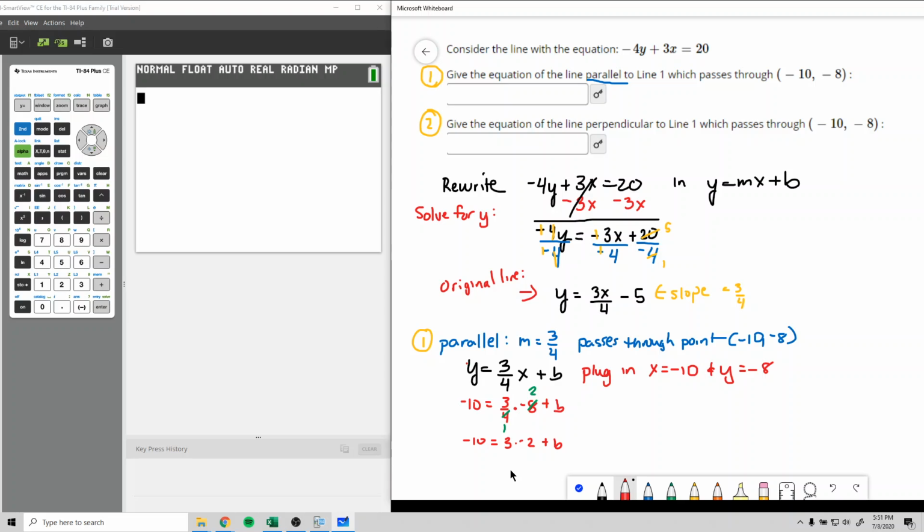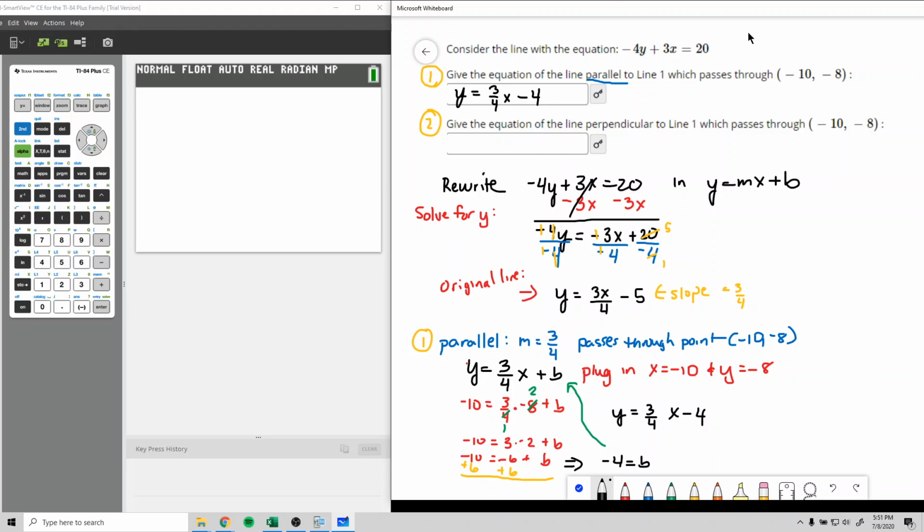Actually 3 times -2 is -6, and then we add the 6 to each side to get b by itself. -8 plus 6 is -2... that is our answer for this part: the equation y equals 3/4x minus 4.